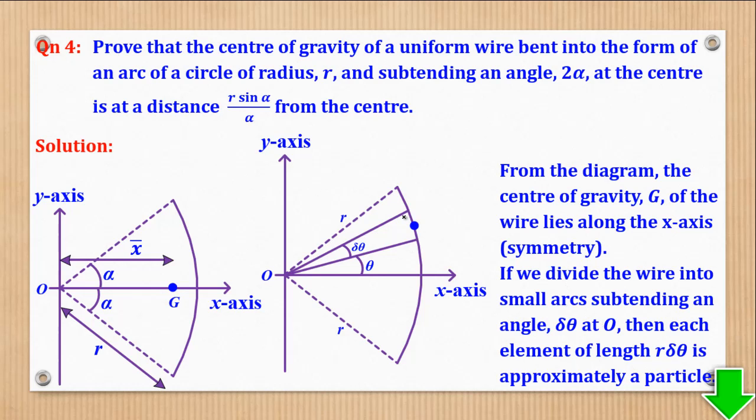So from here up to here, the length is r sine of small change in theta.